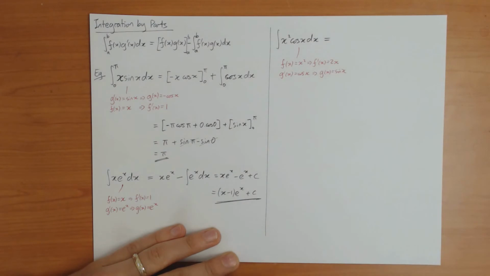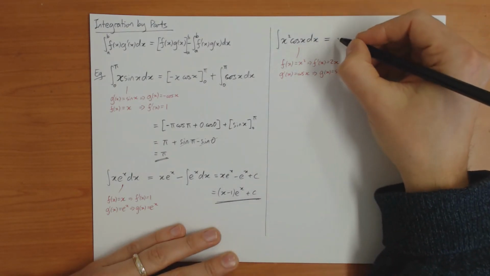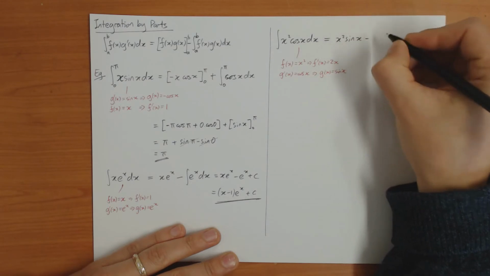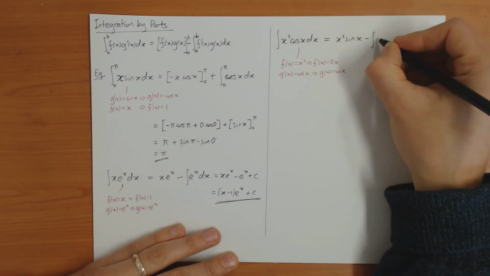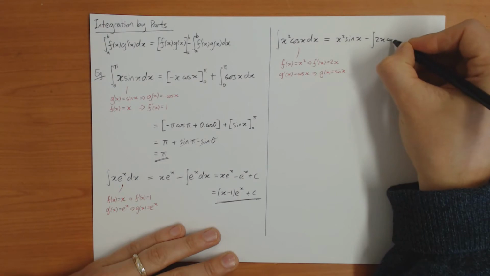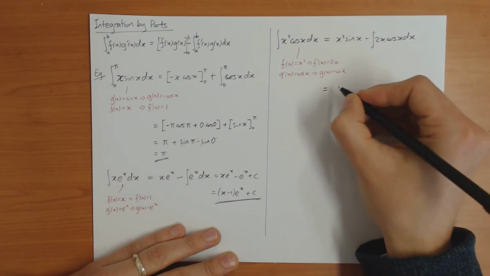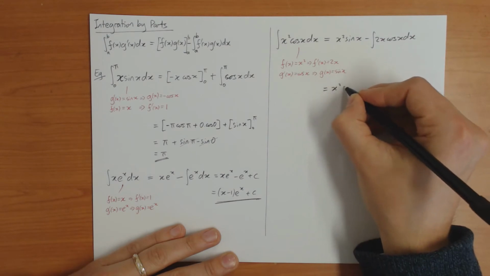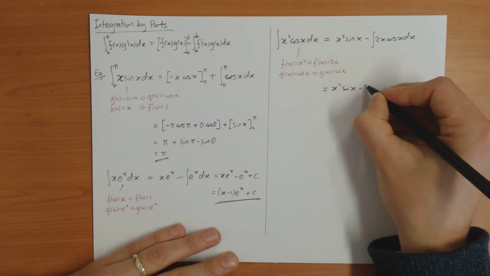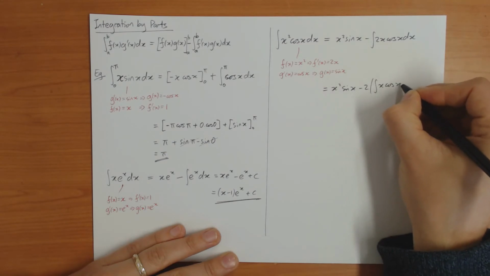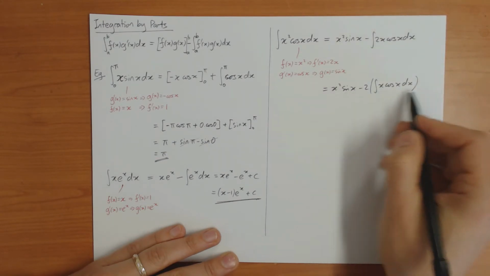So this is going to give you x squared sine x minus the integral of 2x cos x dx. So this is x squared sine x minus twice the integral of x cos x dx.